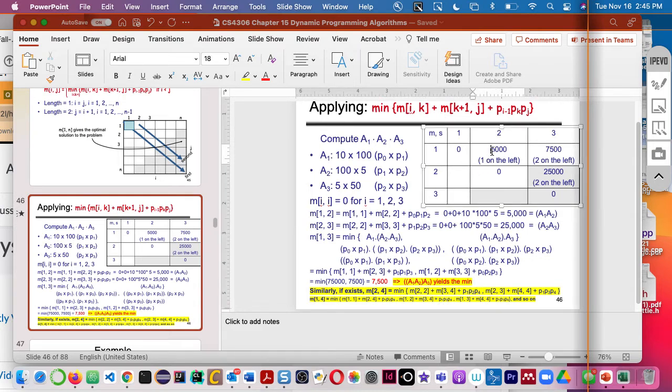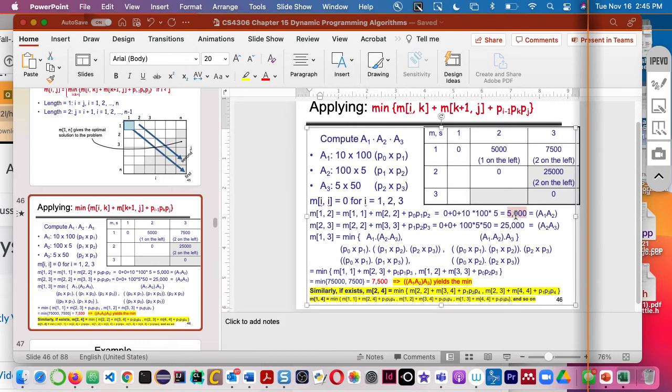When we multiplied and got 5,000, from where did we get 5,000? From here, right? So here when we got 5,000, we see that A1 and A2, right?